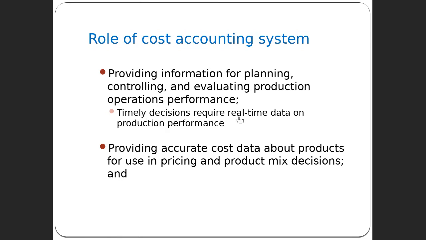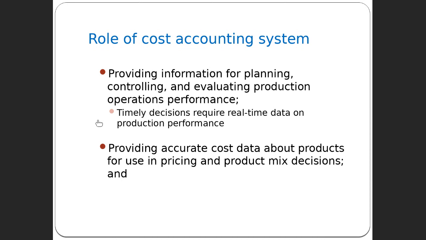And timely, real-time data is more important than accuracy because let's say you have material waste or you have an inefficiency in the process. Knowing the approximate amount of waste or approximate number of hours or approximate number of defects is more important than knowing the accurate data later.